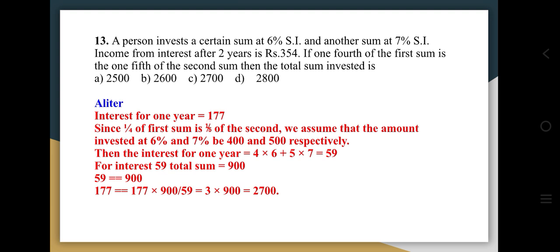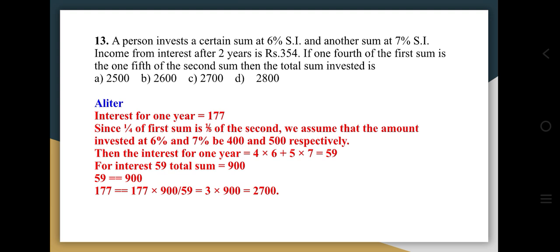Why are we taking 400 and 500? Because the first sum corresponds to the 6% rate, the second sum to the 7% rate. So 1 by 4th of 400 is 100, 1 by 5th of 500 is also 100, which is equal.